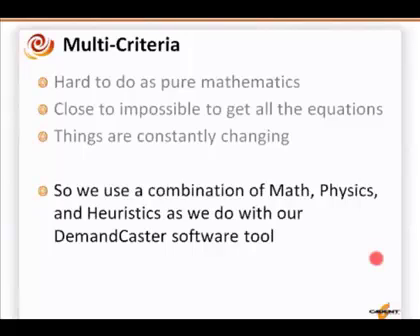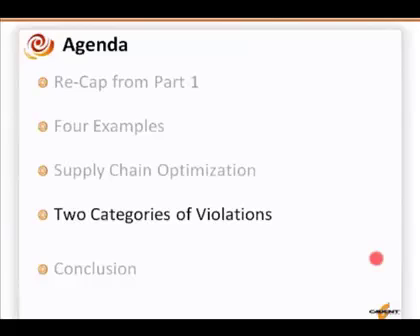So we use a combination of math, physics, and heuristics to try to do this optimization. And a lot of it ends up being heuristics. There's a science of inventory management and there's the art of inventory management. And that's what we do as a company, and that's what we use our DemandCaster software tool for. It has a combination of all of these things.